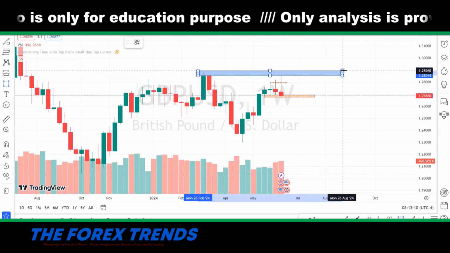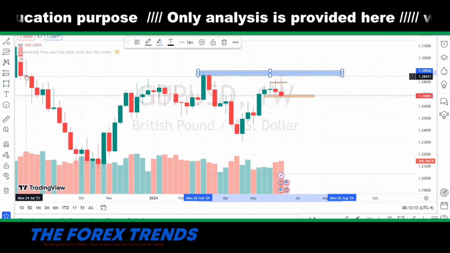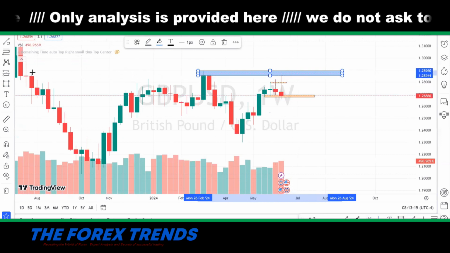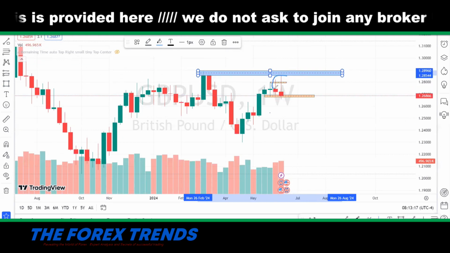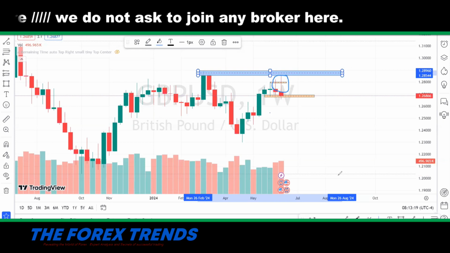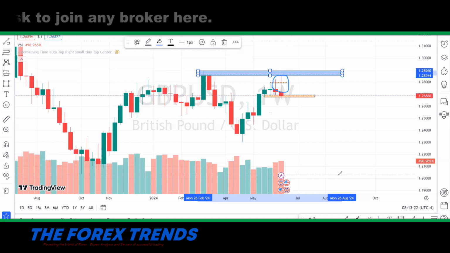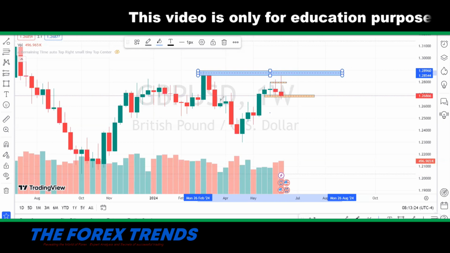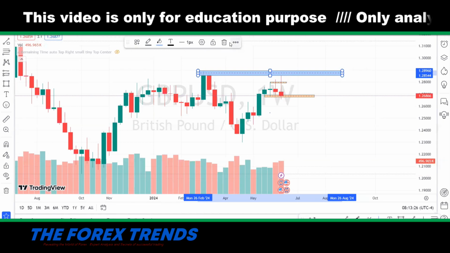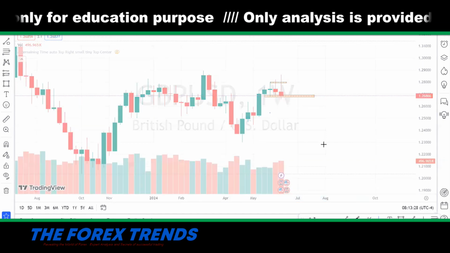This was a weekly resistance, and we can see a good rejection from it. That means there is selling pressure in GBP USD. Okay, so let's look at the day frame.